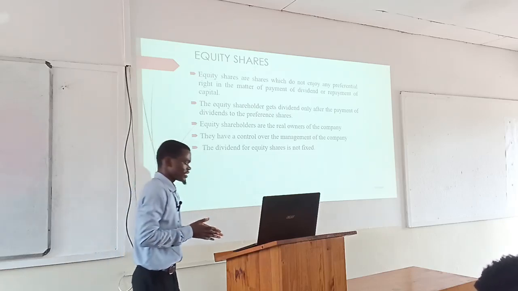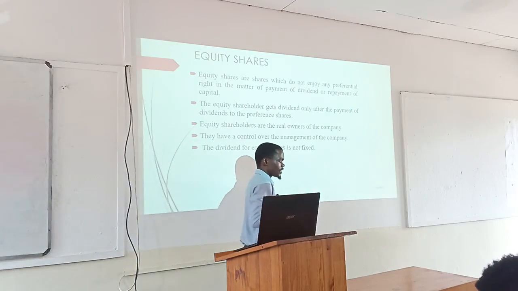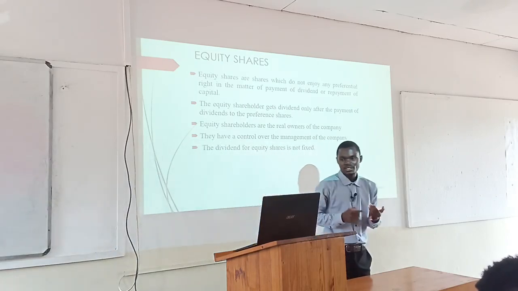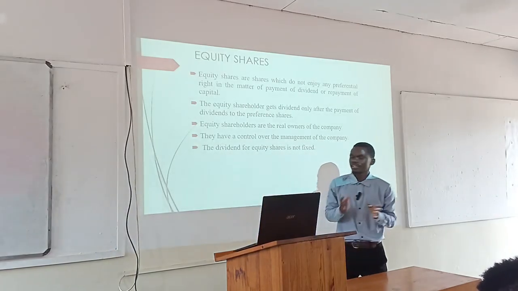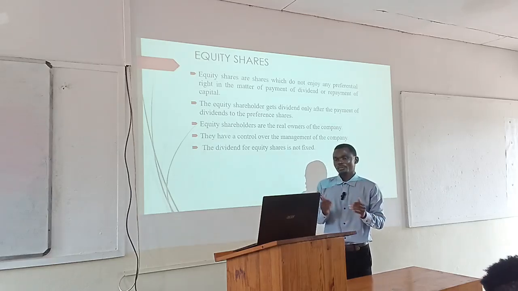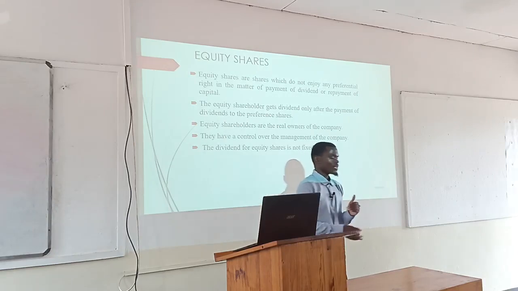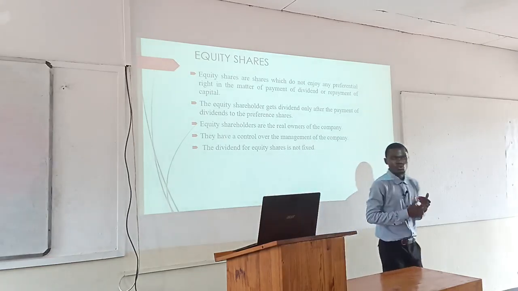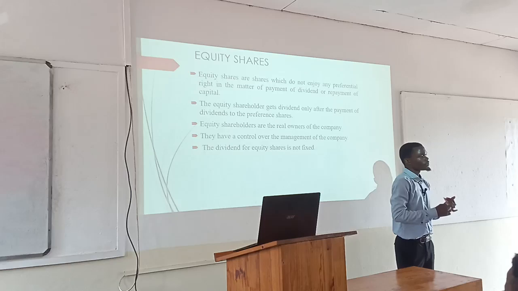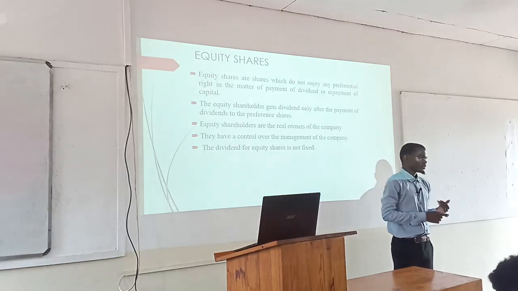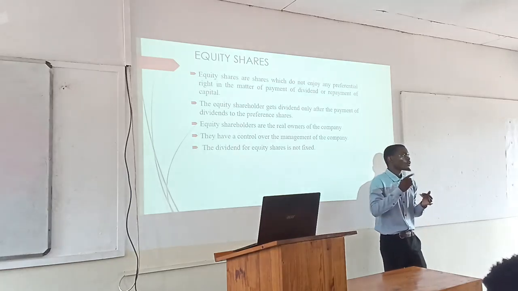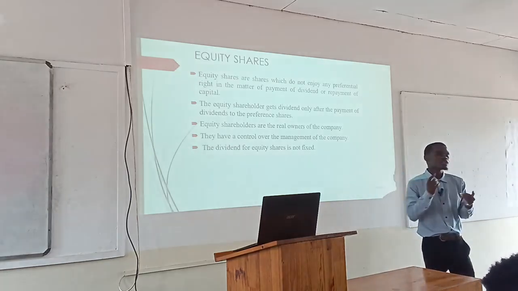When we were starting, we said an organization can use shares as a source of finance in its organization. But these shares are in two groups. The first one is called equity shares, also called common shares or ordinary shares.